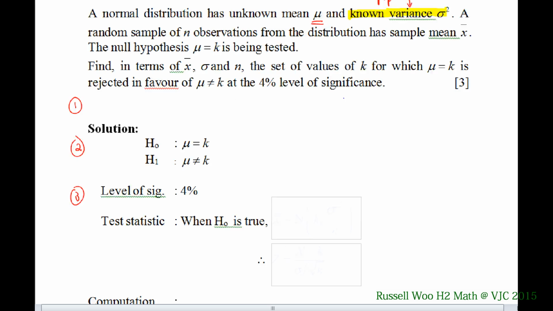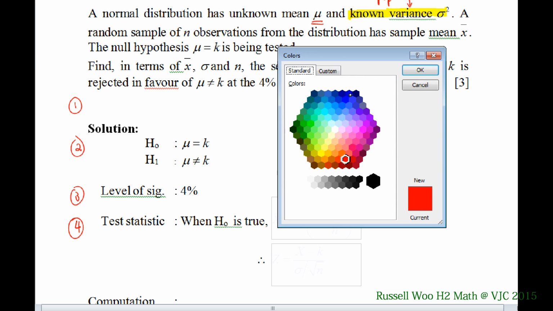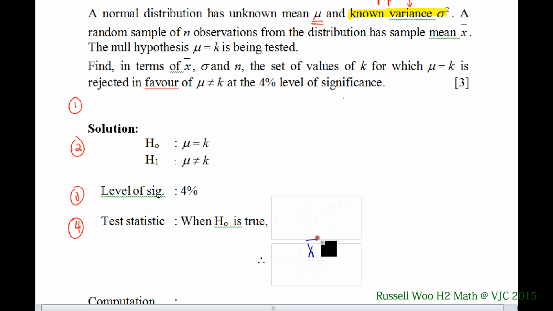So, step 4 is to write the test statistic. Test statistic, when H naught is true, first we know that your test statistic must be x bar minus this k, divided by what?